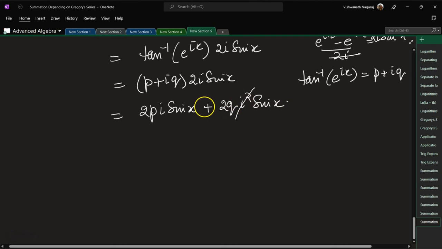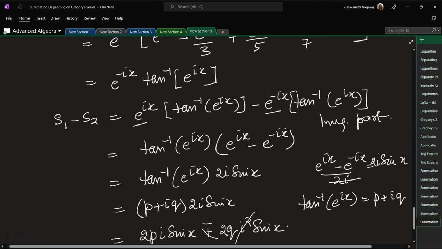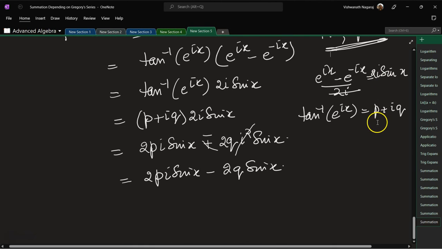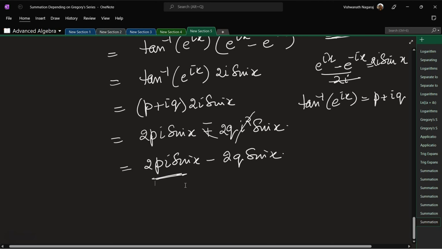This i square becomes minus 1, which means this becomes a real quantity. So 2p i sine x minus 2q sine x. But what are we interested in? Only in the imaginary part. So the imaginary part is this 2p i sine x.